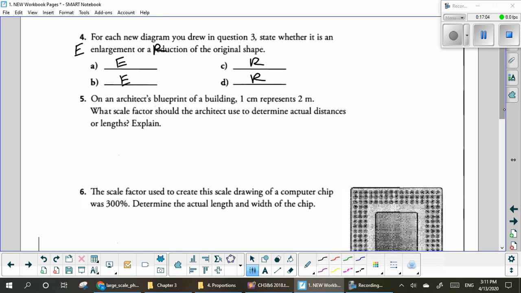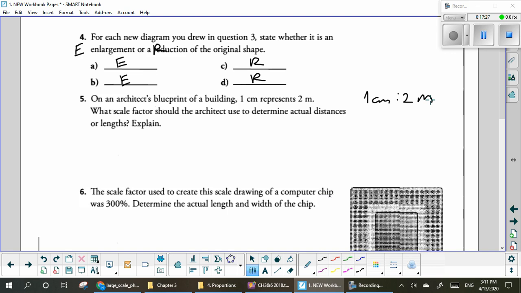So question number 5. On an architect's blueprint of a building, 1 centimeter represents 2 meters. So 1 centimeter to 2 meters. What scale factor should the architect use to determine the actual distances or lengths? So what they mean by that in this case is we have two different units. So how are they going to calculate this?